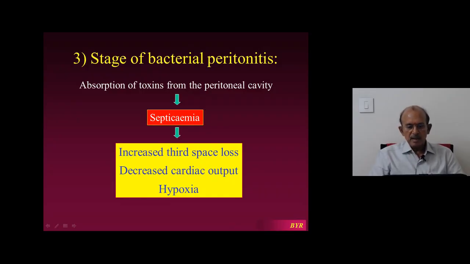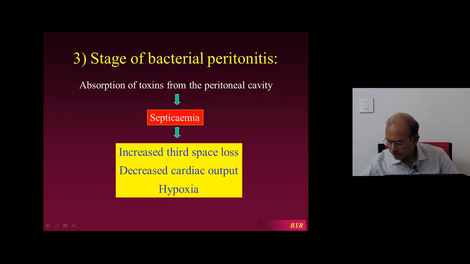Why is there increased third space loss in septicemia? Not only septicemia due to peritonitis, but in any septicemia, there will be third space loss. Where will the sequestration of fluid be?